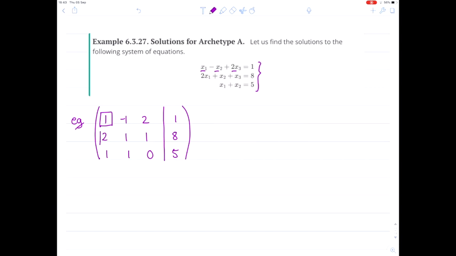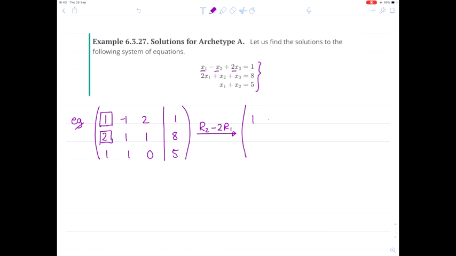Our next mission is we want to turn this 2 into a 0. So we're going to subtract off, well, you could pick your favorite row. I'm just going to use row 1 because it's just simple, but you could use row 3 instead. So we're going to say row 2 minus 2 row 1.